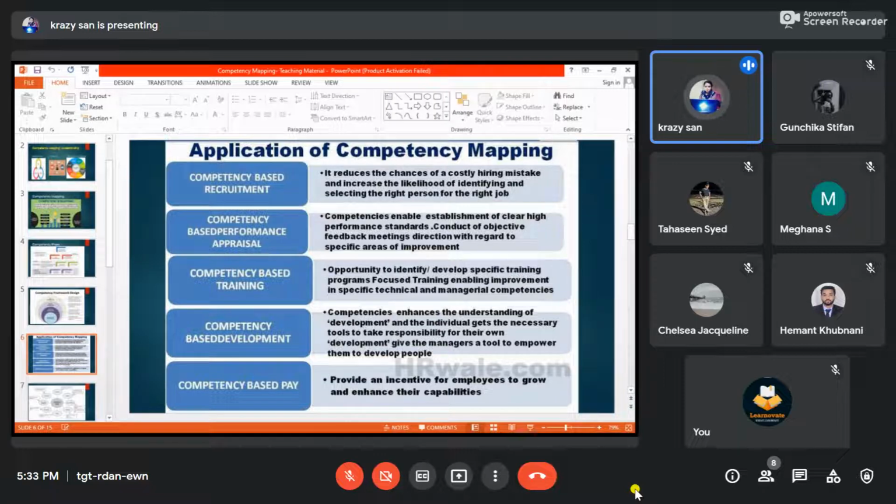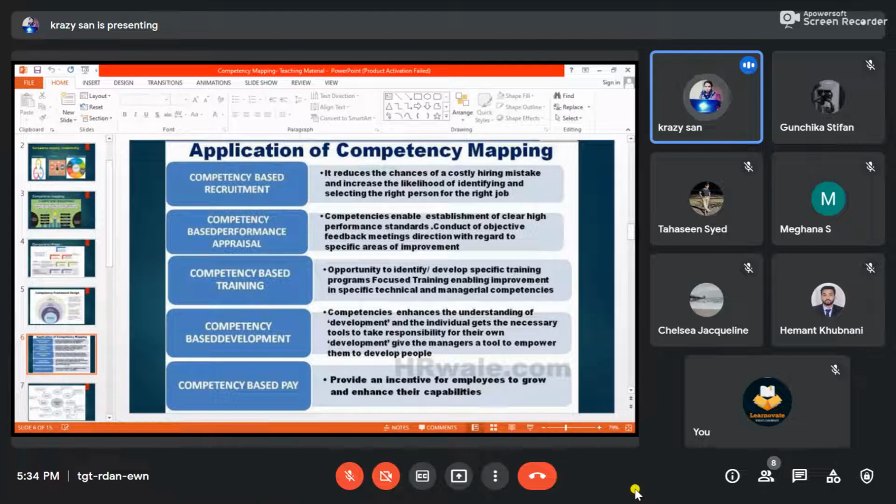Then comes training. Certain employees are good in every form, but there's a lack of training for a particular technical aspect. That might be software handling, or handling of any machine which you are using, in different areas of competency.